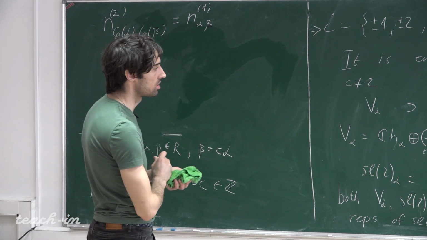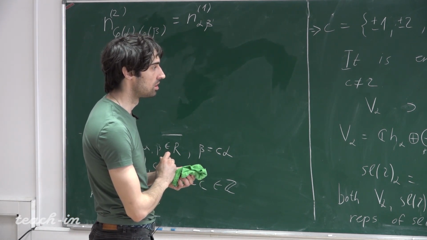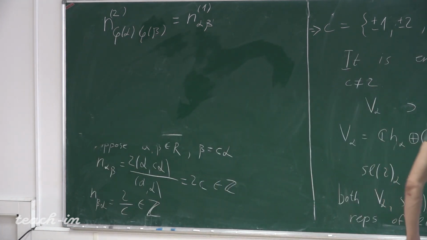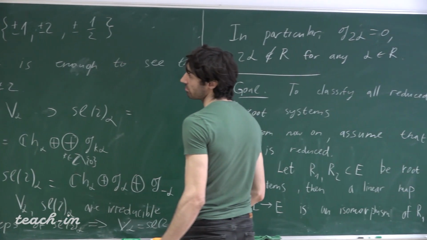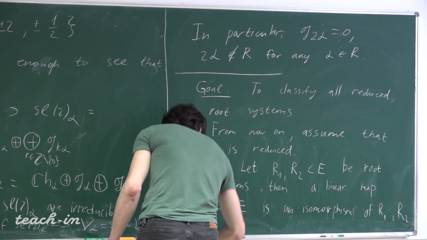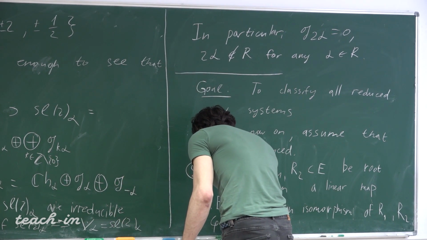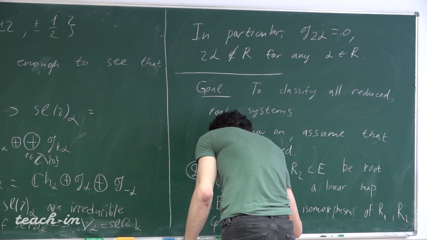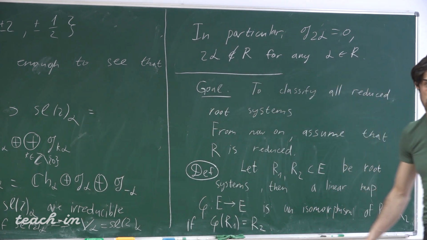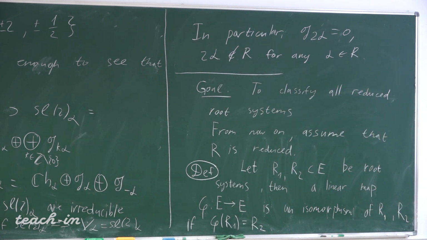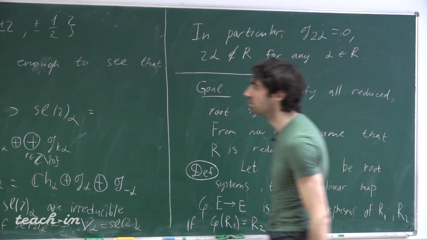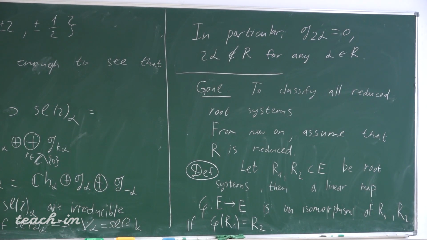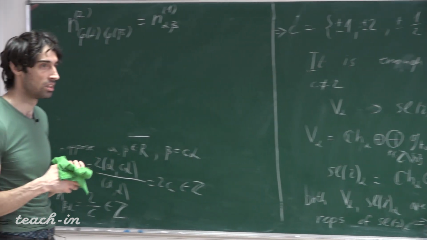And maybe before that I should write: if phi of R1 is exactly R2. First of all, it maps roots of R1 to roots of R2, and it actually leaves these numbers invariant, in particular angles, right?